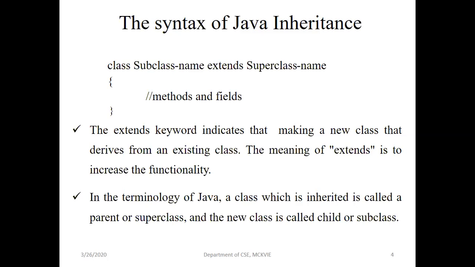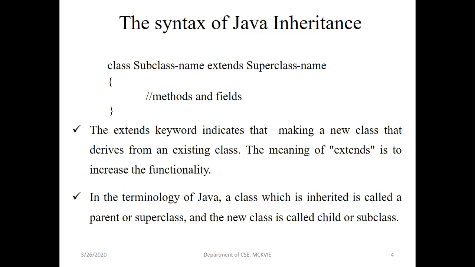So the methods and the members which are defined in class A are automatically inherited by class B. What does extends mean? The extends keyword indicates making a new class that derives from an existing class, and we can increase the functionality of the child class, or rather the subclass.